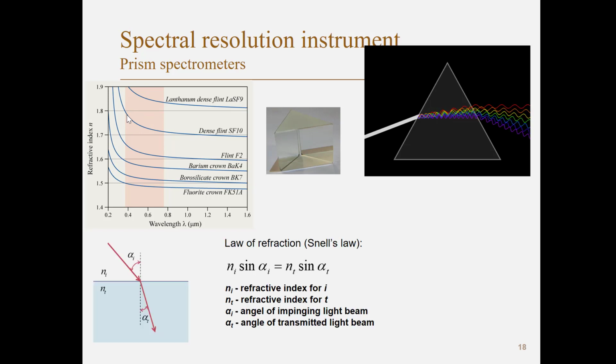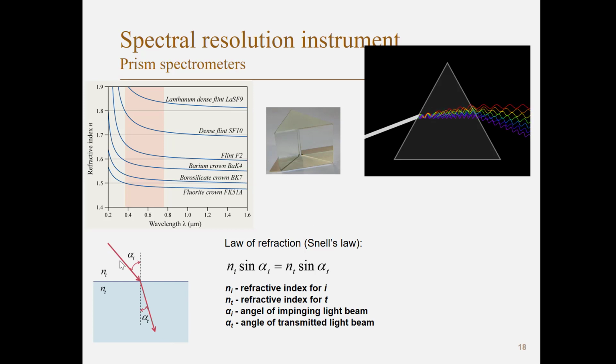You're all familiar with that: if we have light impinging on a piece of glass with an index of refraction, the direction of this light beam will be changed as you go in. The size of this change is given by Snell's law of refraction, which is what we have over here.